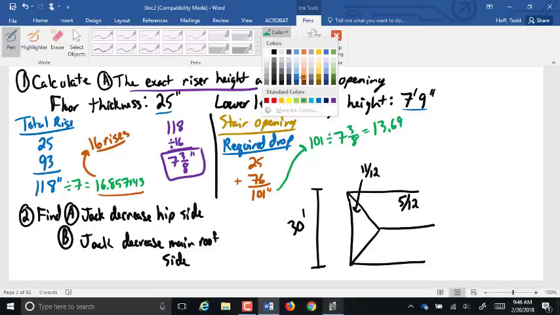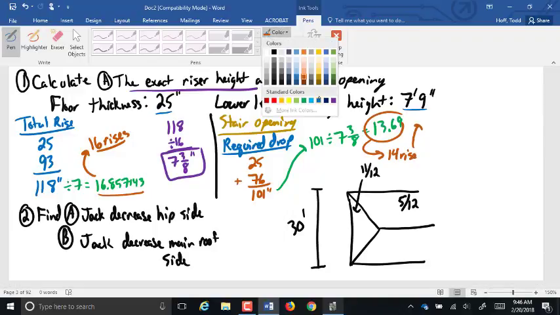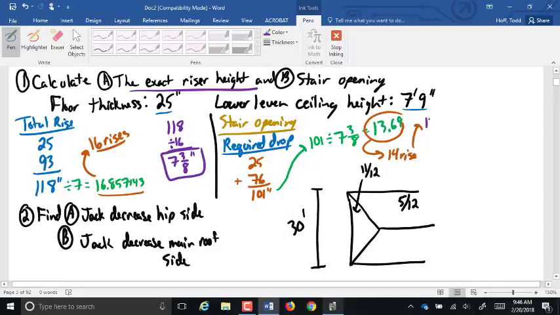Here's another always round issue. This one, however, always rounds up. That's 14 rises. How many runs is that going to be? 13 runs. Always one less than the number of rises. Now, I did not give you an 11-inch tread or 11-inch unit run.